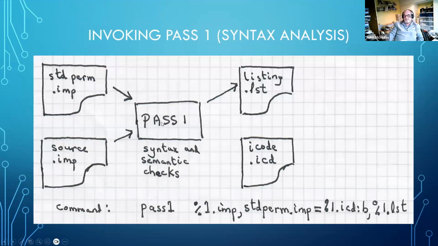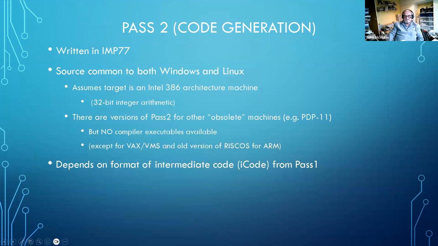So pass1, this is just repeatedly showing you again the routines with your actual Imp source going into the pass1 and then out as a listing file and the hidden I-code file. Pass2, again, written in Imp77.